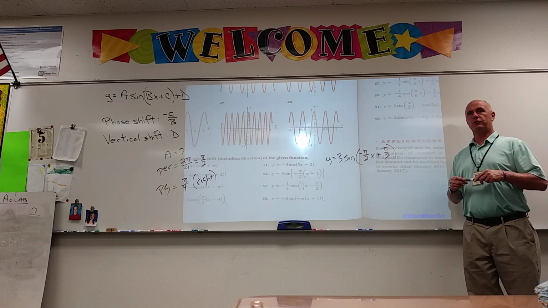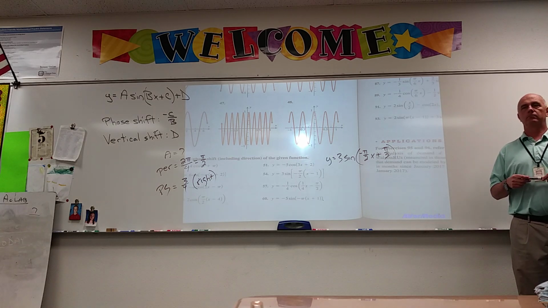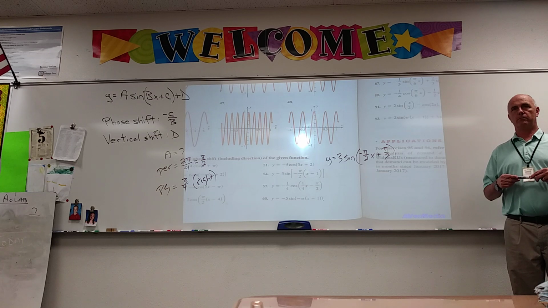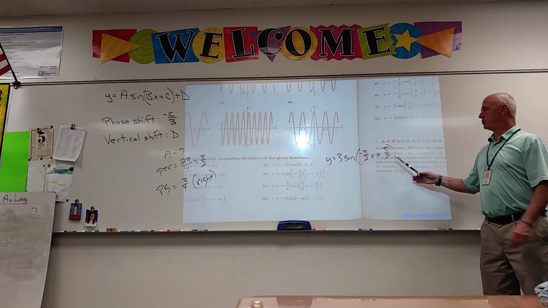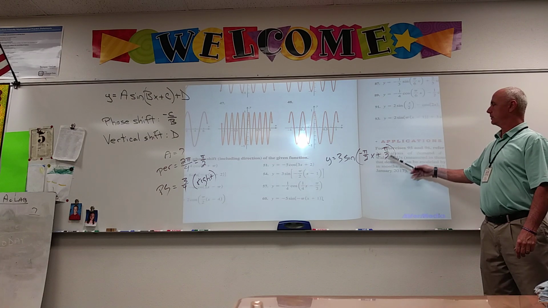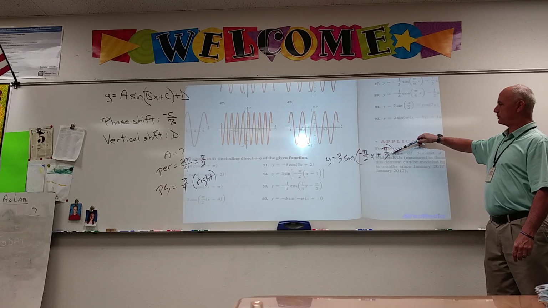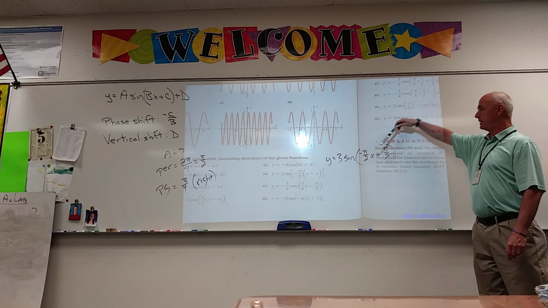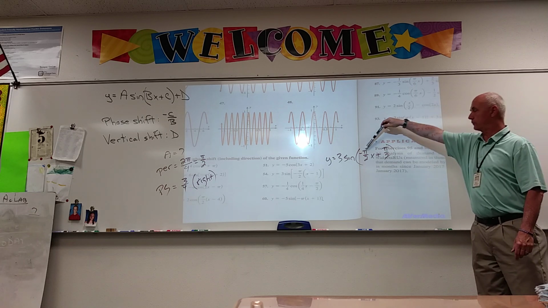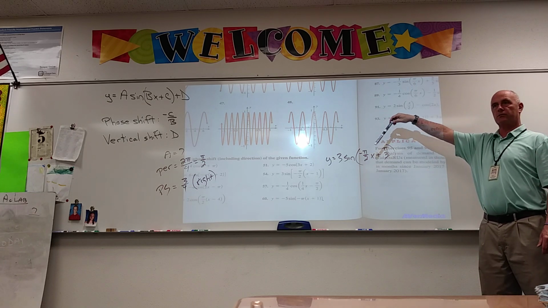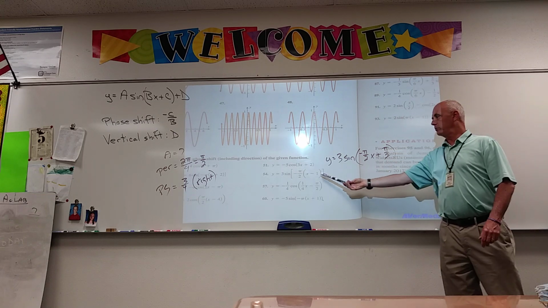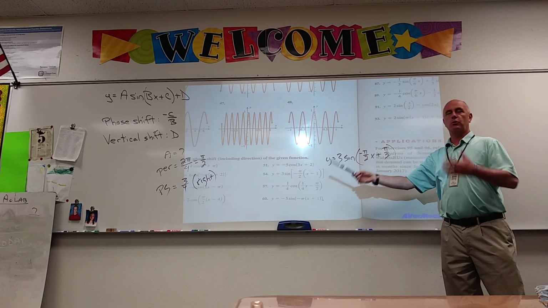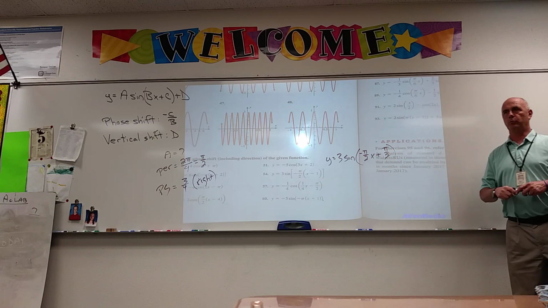B is negative pi over 2. What's C? Pi over 2. And so what would the phase shift be here? It would be negative C over B, negative pi over 2 over negative pi over 2, which would give us 1, which we knew from that anyway. So either way works, whatever you feel more comfortable with.